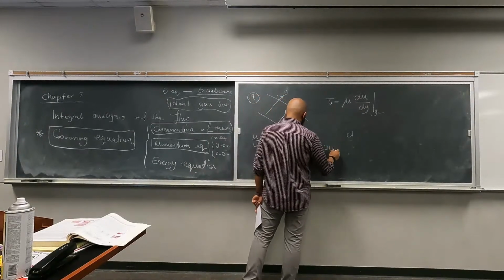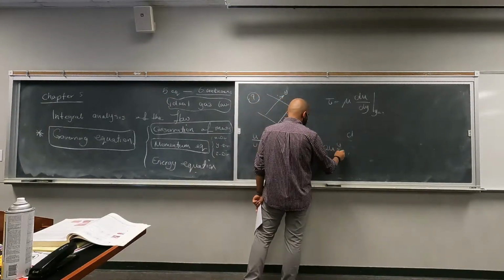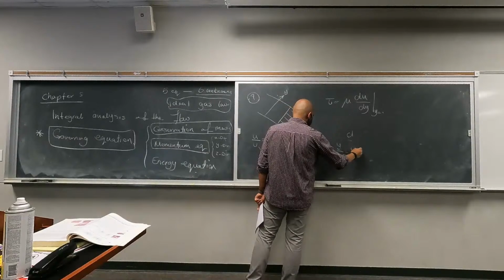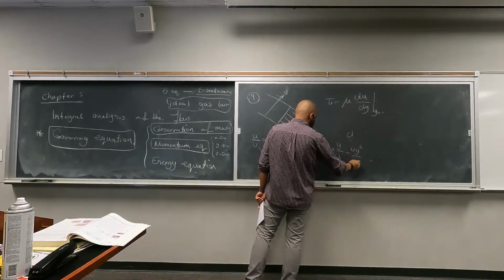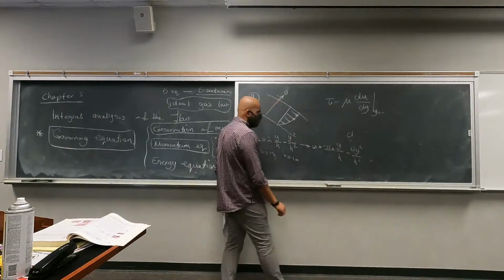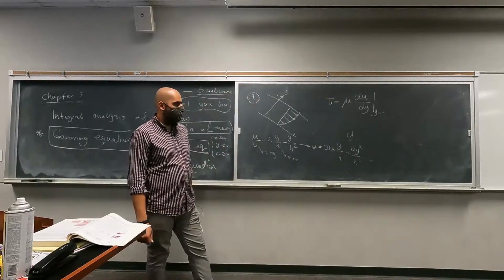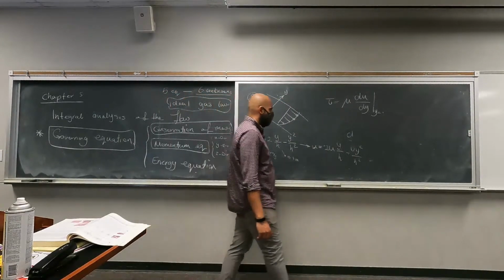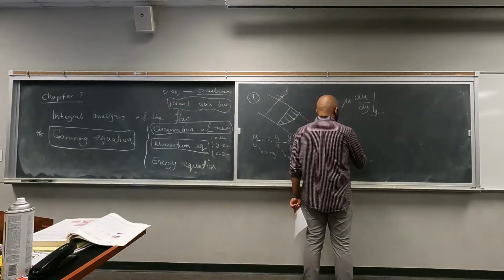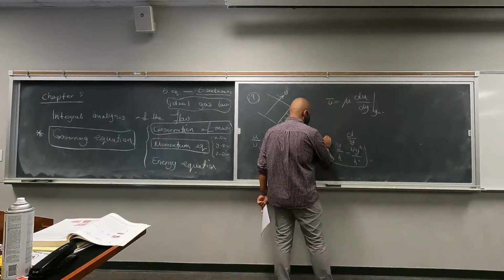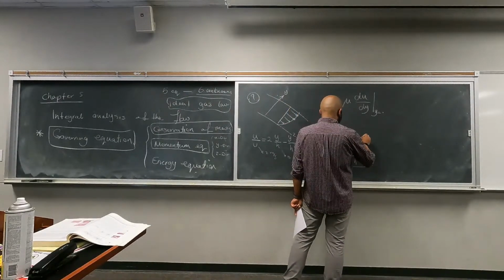We're going to get u equals 2 capital U y divided by h minus capital U y squared divided by h squared. Okay? So we want to take the derivative of this equation with respect to y.